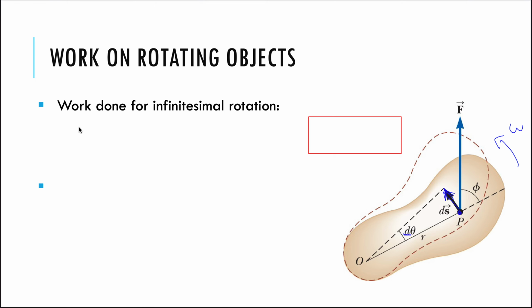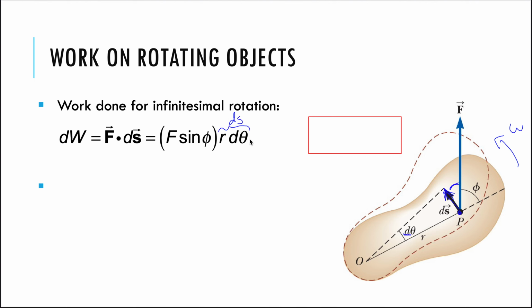Let's find the work done for this infinitesimal rotation. Work is defined as the dot product of the force and the distance. We know that a dot product usually uses cosine if we have the angle between ds and F. But in this case, we're defining another angle phi, which instead of being between ds and F, is going to be between the r line here and the F. So when we're doing this dot product, instead of using cosine, we're going to get F sine phi ds.